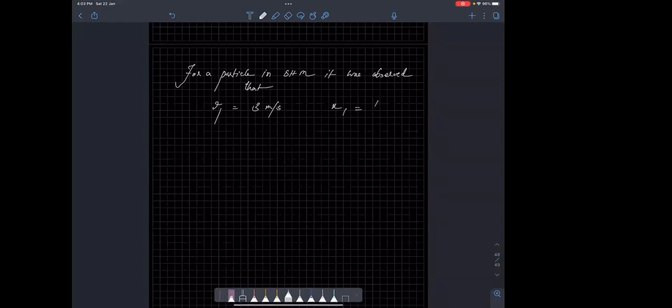What is mean position? Mean position is 0 centimeters. Clear? And one more reading will be given, and velocity was 4 meters per second.